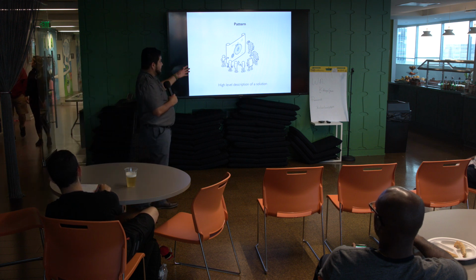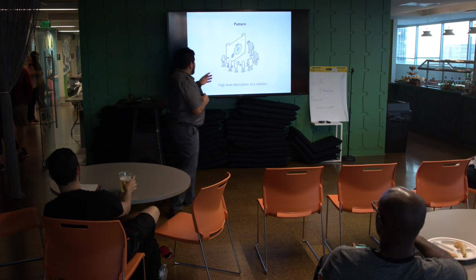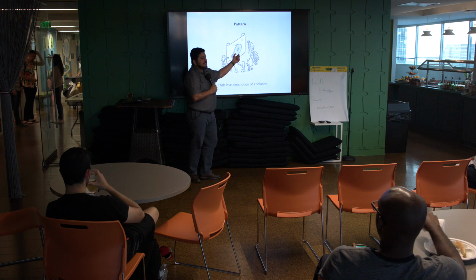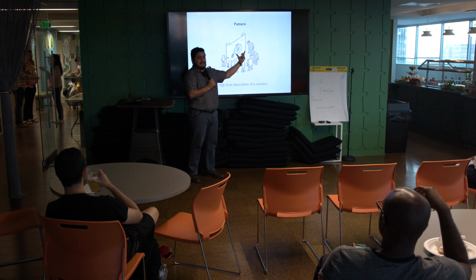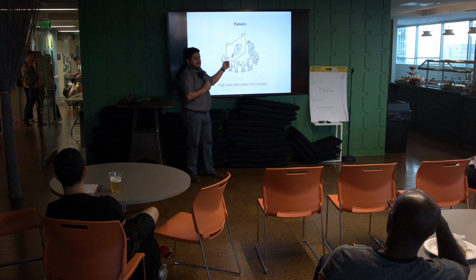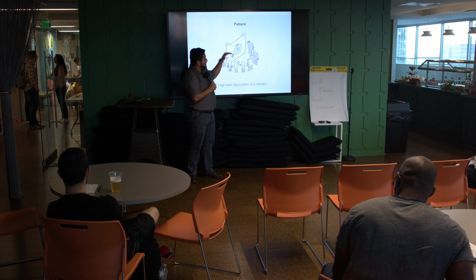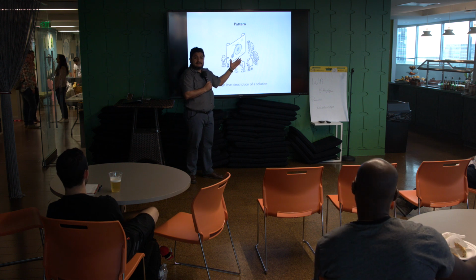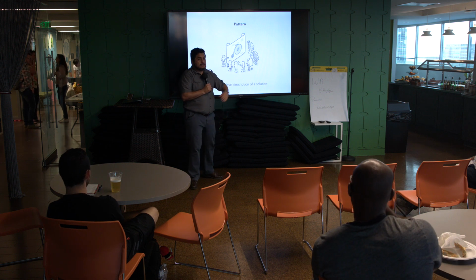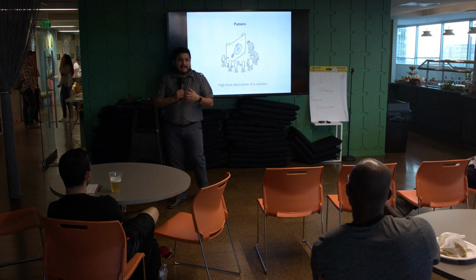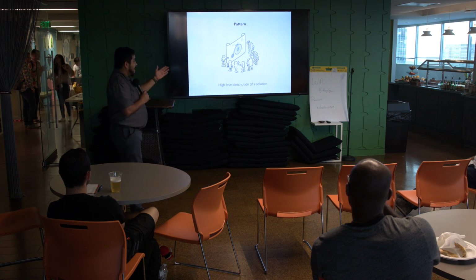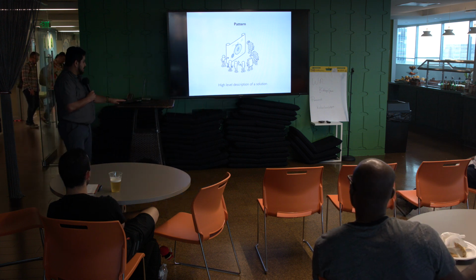In this image, you can see a bike. This bike has the biggest wheel in the front and the smallest in the back. But maybe we can change it and have some fun, and it's still working. It's still a bike, okay? So we can think of a pattern as just a high-level description of a solution, okay?